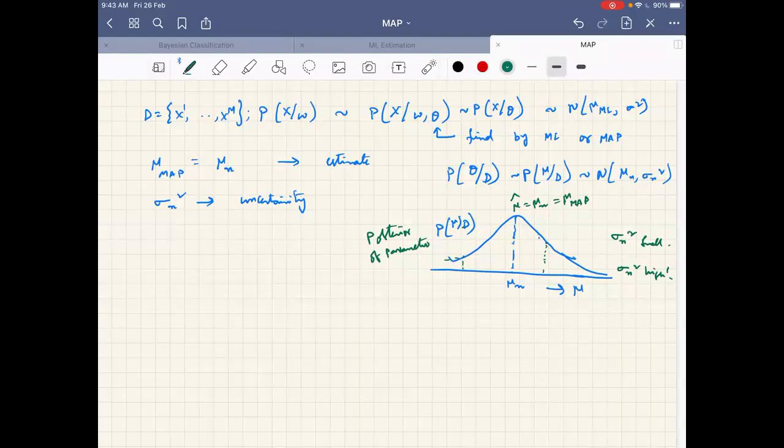So now the question is, I want to write P of x given D, that is, given all samples, I want to write P of x given omega. Can I do better than the MAP estimate? That is the question now. Can anyone have a guess?